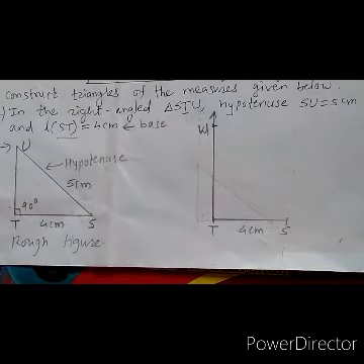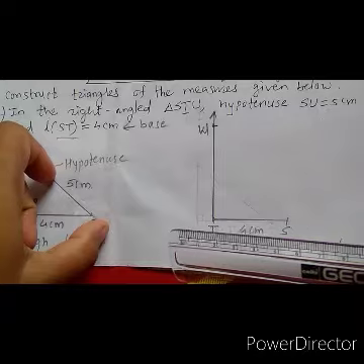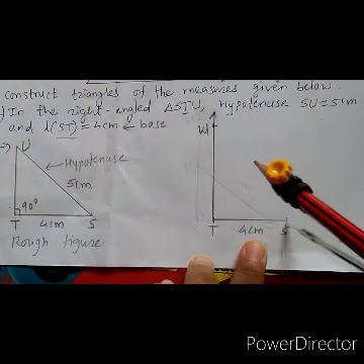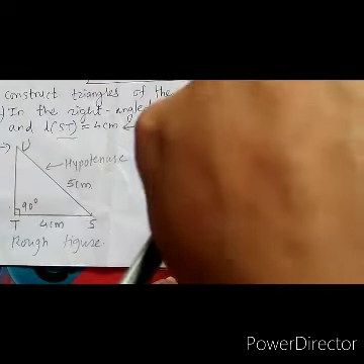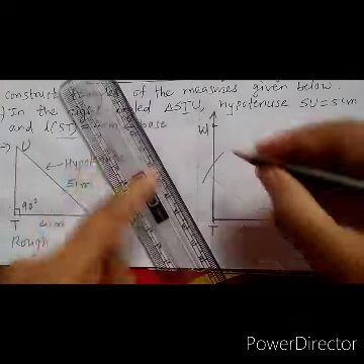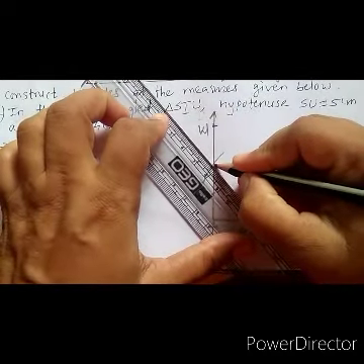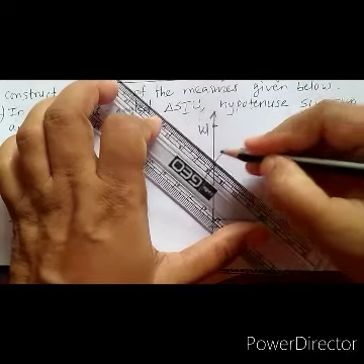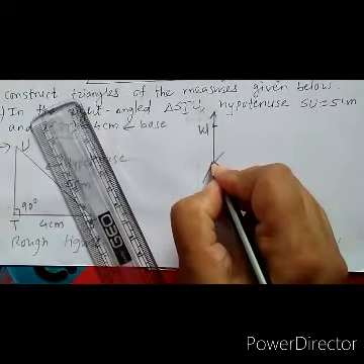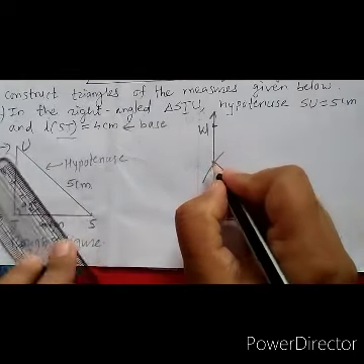Now by using this compass we have to take hypotenuse SU, that is 5 centimeters. So 0 to 5, put on the point S, and now draw the arc. Now we got the point of intersection of these 2 arcs. Now join these 2 points and give the name U to this point of intersection.